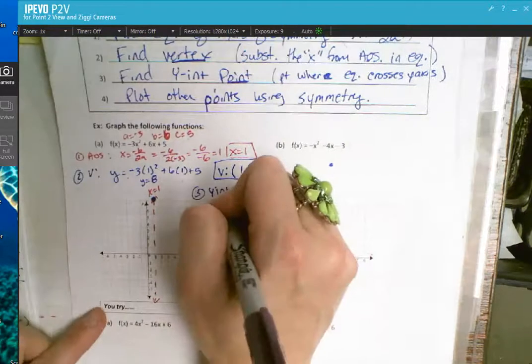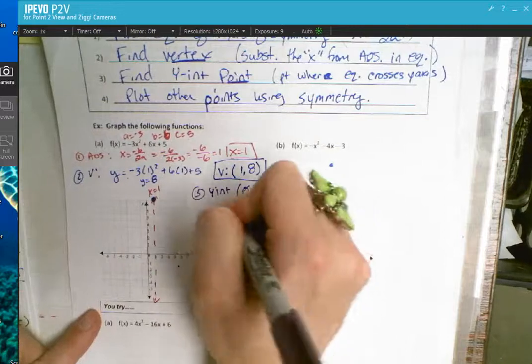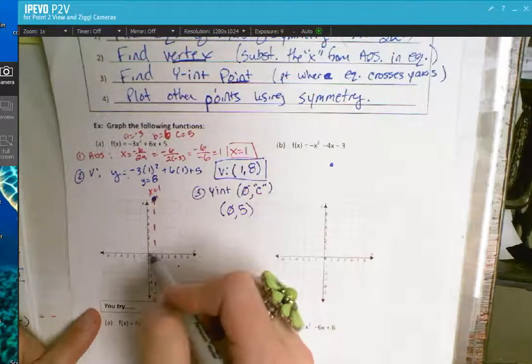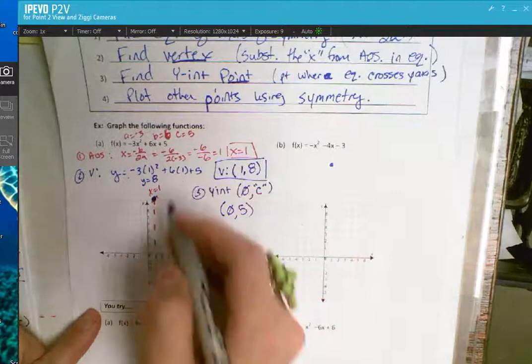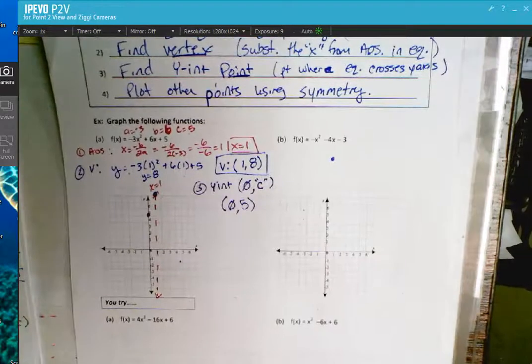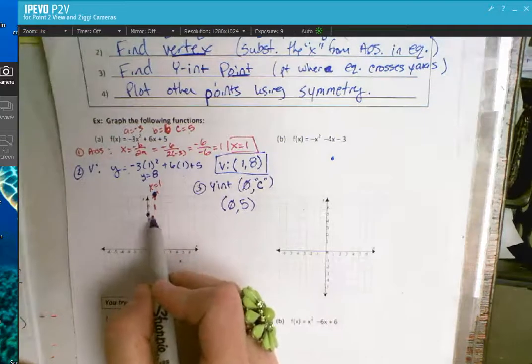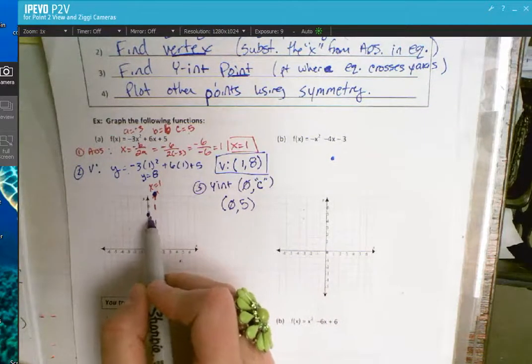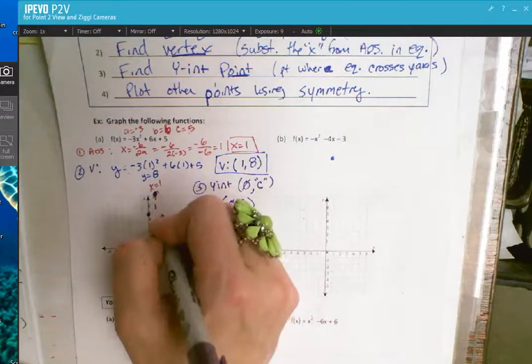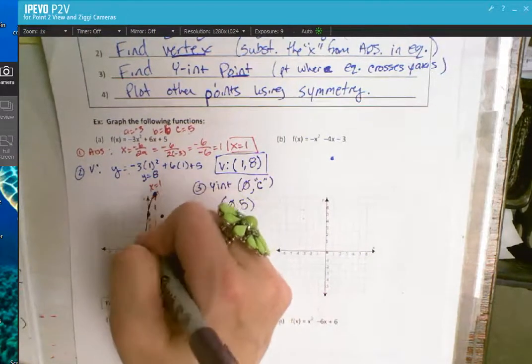So the y-intercept is 0, comma, c, which is 5. So I'm going to go to 0, 1, 2, 3, 4, 5. That's where it crosses the y-axis. It says plot the other points. So I know if I have one point that is 1 unit away from the axis of symmetry to the left, I need 1 point away to the right.